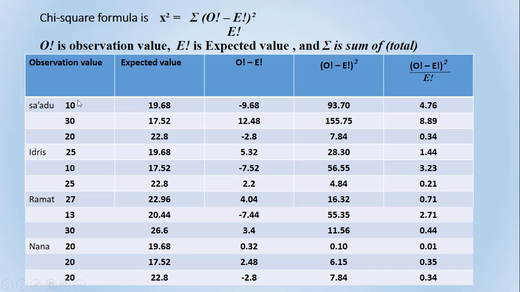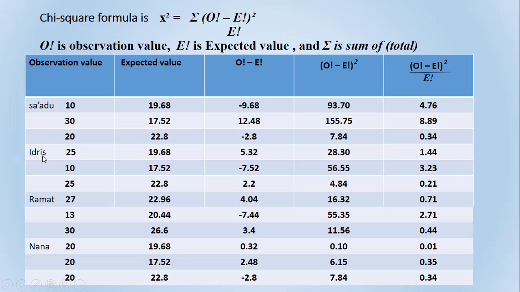Now I arrange it in sequence of what they hold. Now this is what I have. The first figure, I have Saudi Zungu. On observed value I have Saudi Zungu 10. This is for adequate. I started with adequate, undecided and inadequate. So Saudi Zungu adequate is 10, undecided is 30, inadequate is 20.